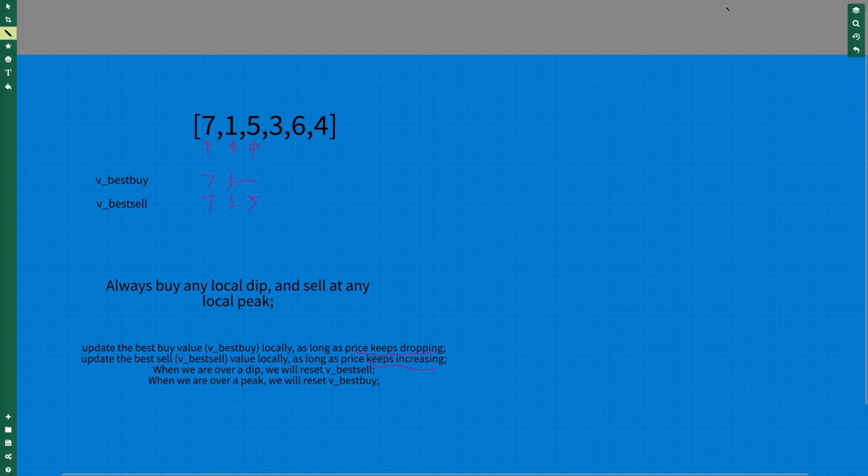Do we know that our 1 was a local dip? Yes, at index number equal to 2, we know that index 1 is a dip, but we don't know if index 2 is a peak yet. We know we're over a dip, so we will reset the best sell.